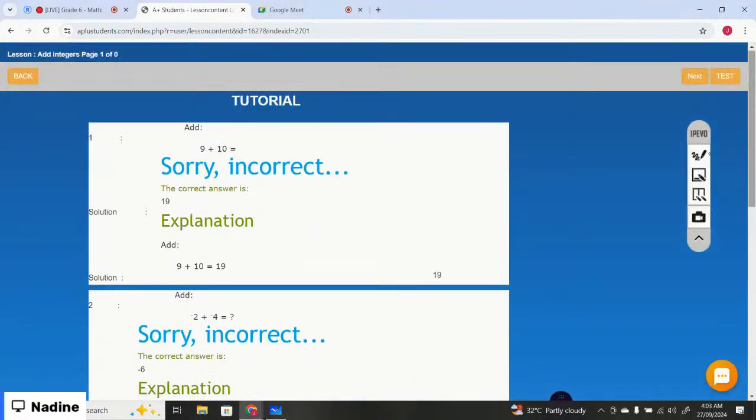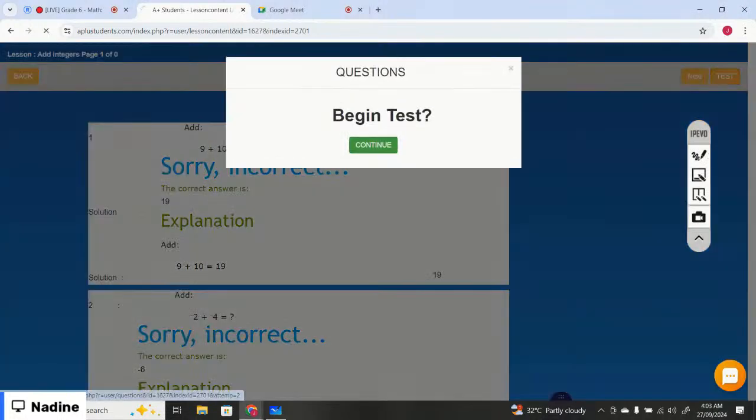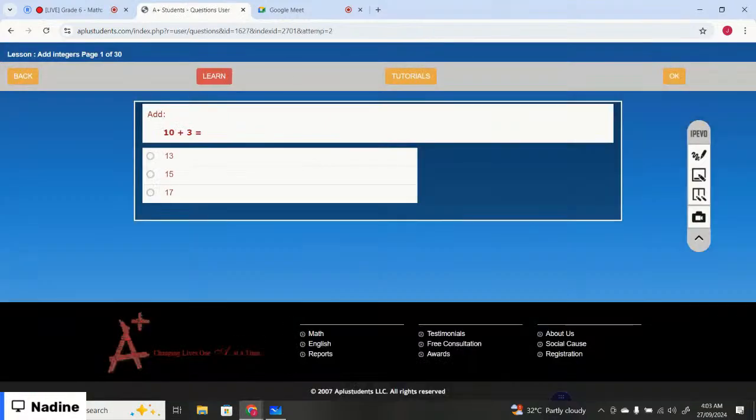Let's just start with the test questions. 10 plus 3, so which is the correct option? These are two positive integers. You simply have to add them.